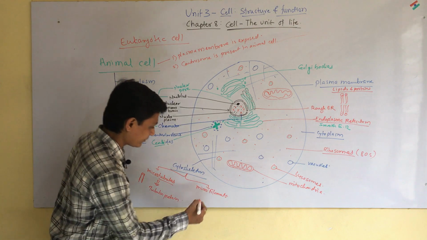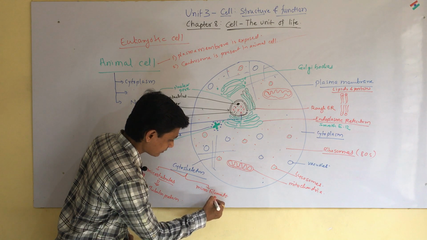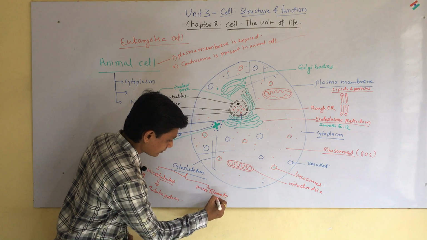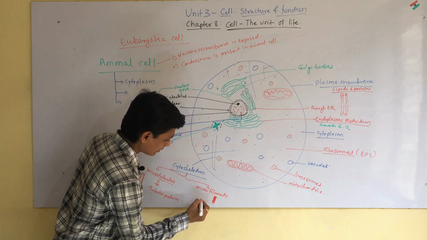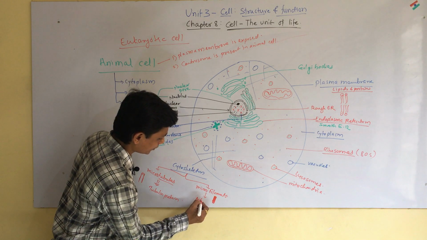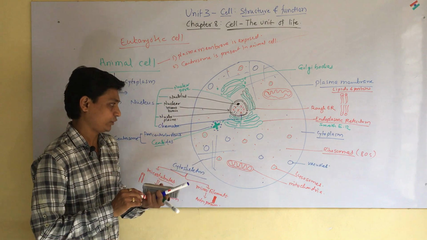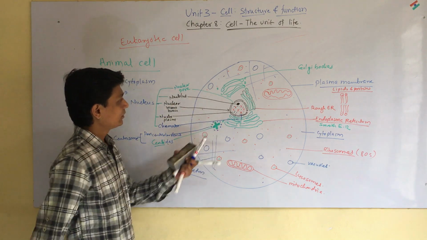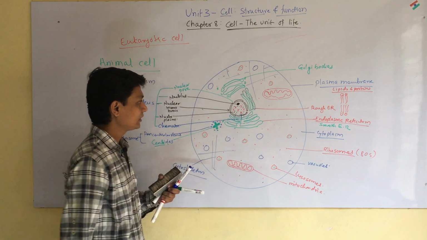While in the microfilament, the filament is a solid, dense filament, and made up of a protein known as actin protein, actin type of protein.